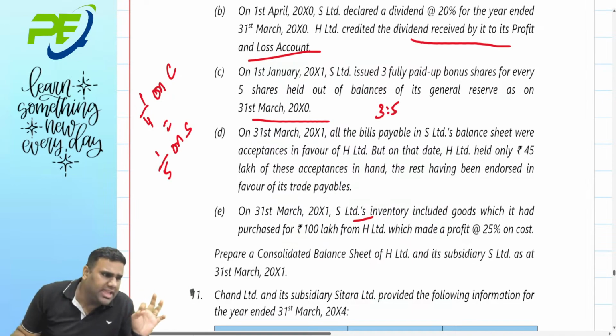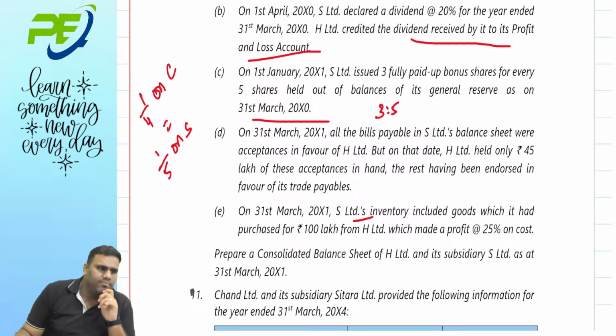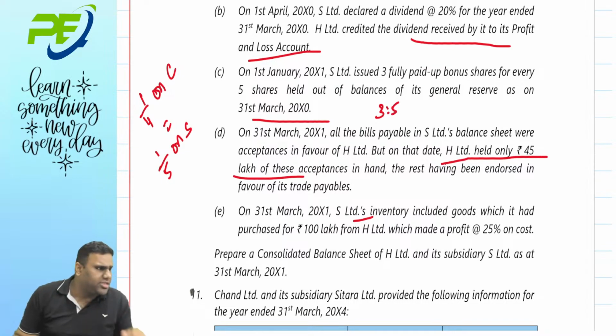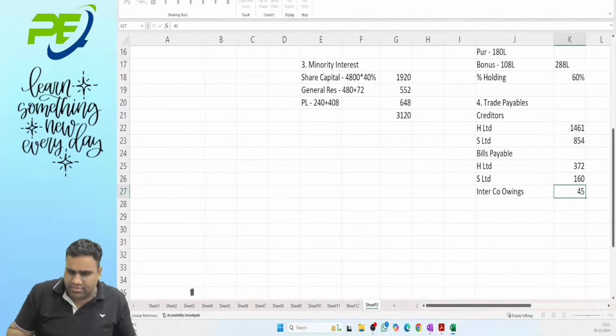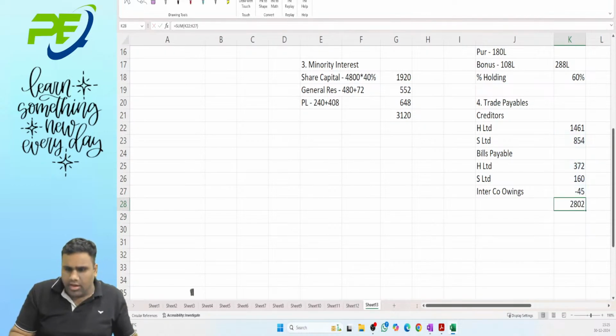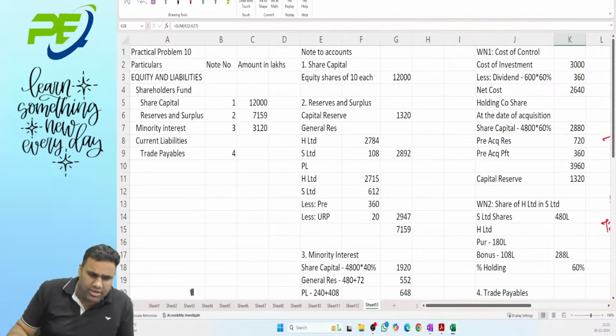Think and tell. H Limited had only 45 lakh in their books. So we will subtract 45 lakhs. 2802.